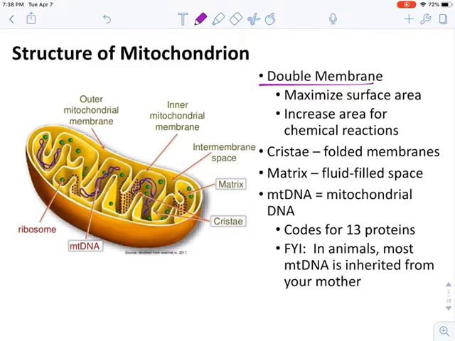If you've got multiple layers inside, you have extra surface area. And the more surface area you have, the more chemical reactions you can do upon that surface area, which is basically an efficiency issue. The more membrane you have, the more efficient you are at moving things across a membrane in a short amount of time. So that's going to play a role in the same way it did in the chloroplast.